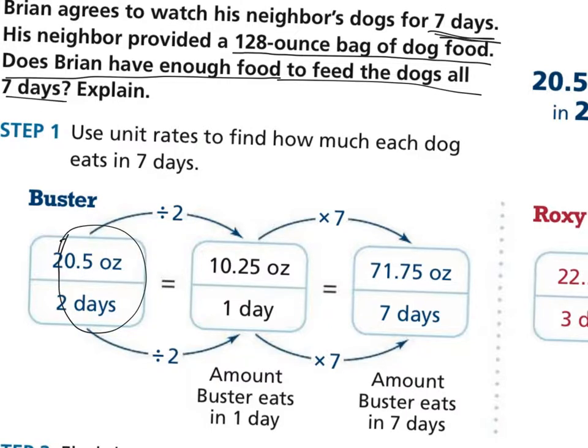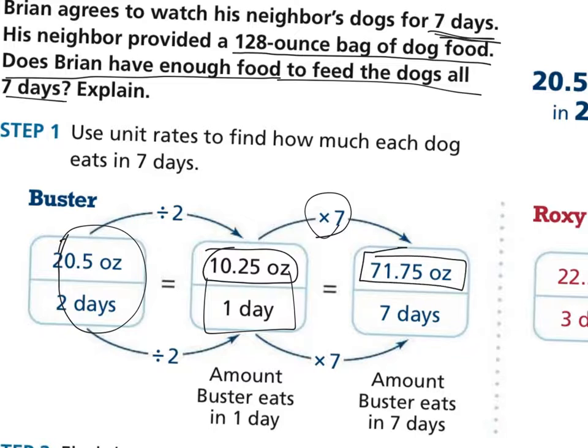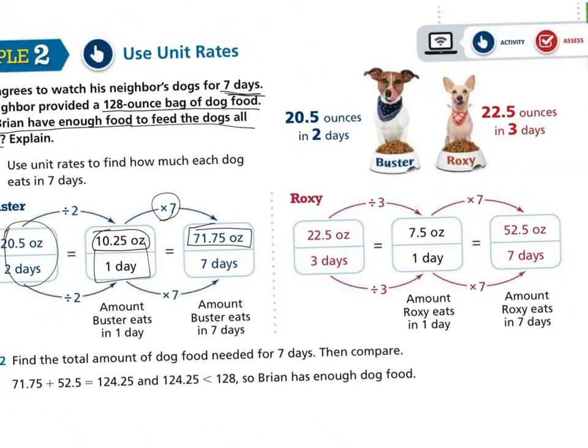If you just divide that out, you'll get 10 and 25 ounces per day. So that's for 1 day. We want to know for 7 days, so then we multiply that by 7. And you can see Buster would need 71 and 75 ounces for 7 days.